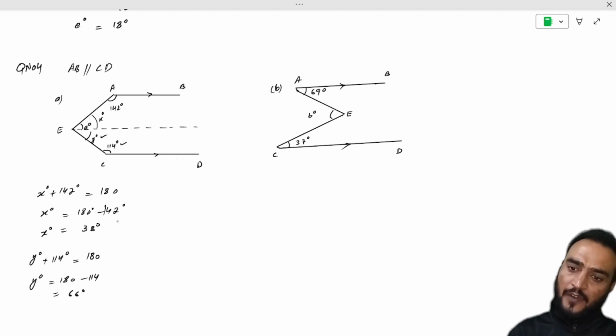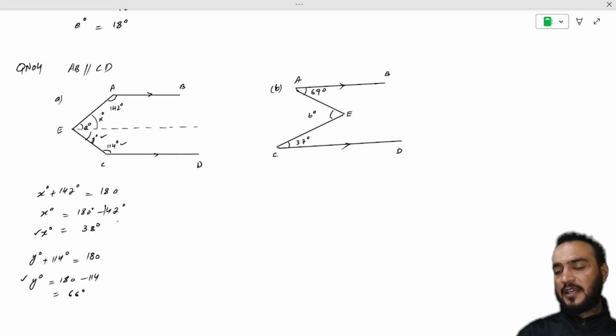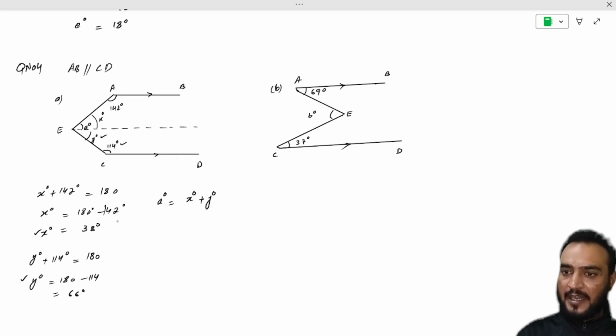So hence we have found the x degree and y degree, which are two angles splitting, drawing a line at point E. So angle A degree now is equal to x degree plus y degree, because this angle A degree is the complete angle at point E, and it is now equal to x degree and y degree.